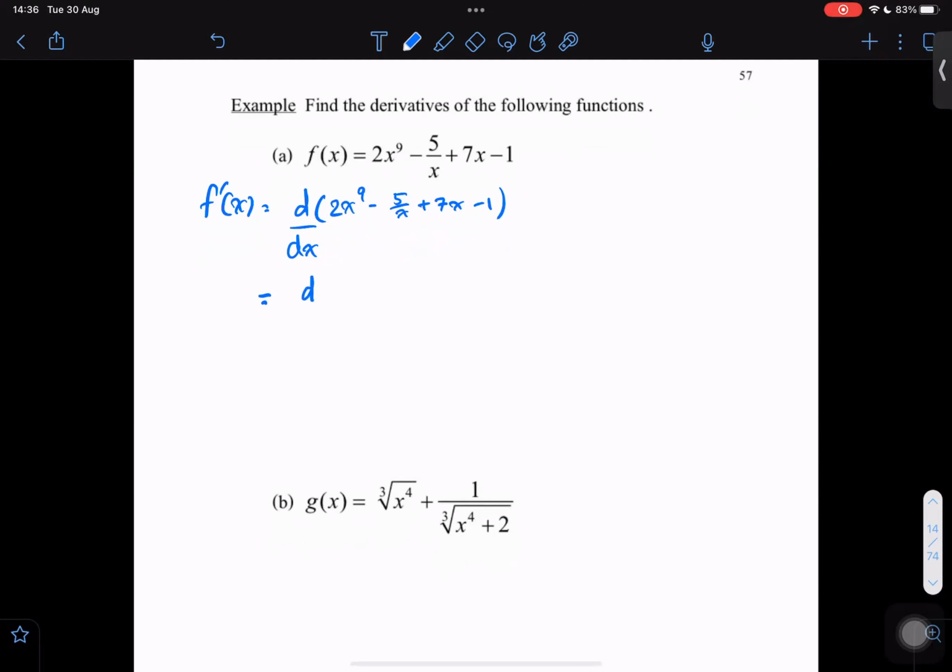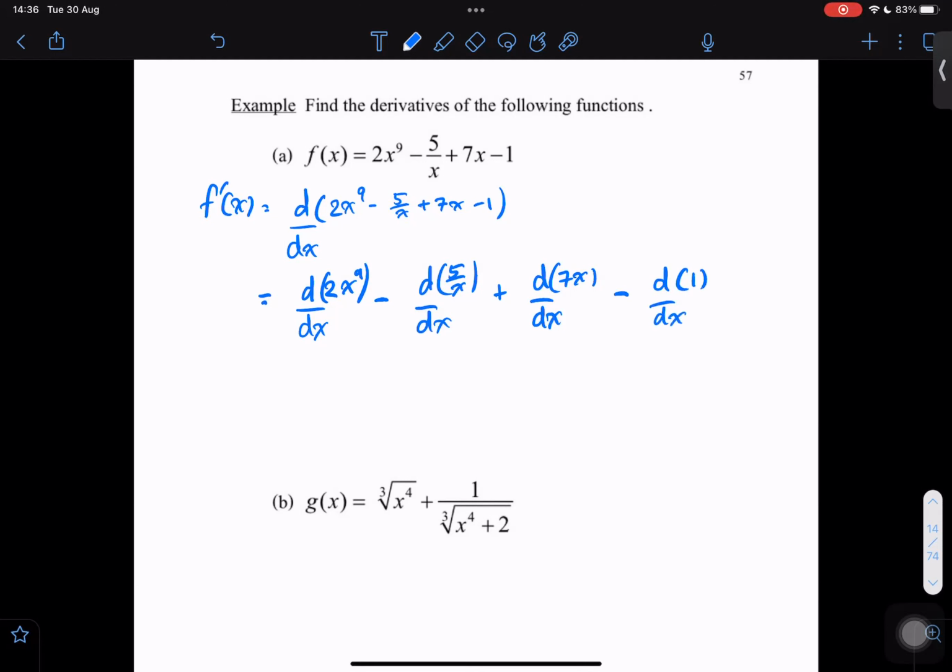It becomes d of 2x to the 9 dx minus d of 5 over x dx plus d of 7x dx minus d of 1 dx. d of 1 dx is equal to 0.